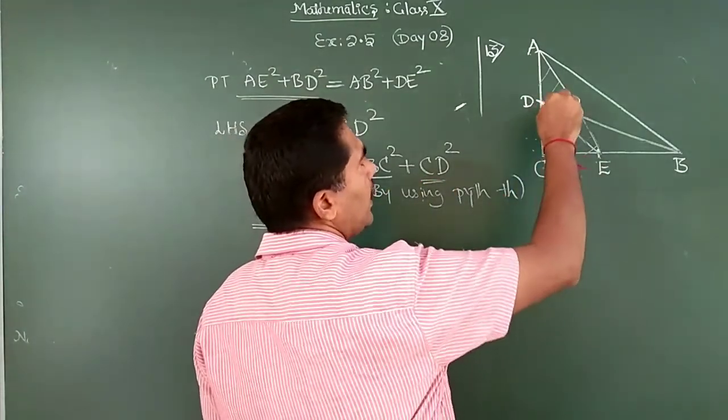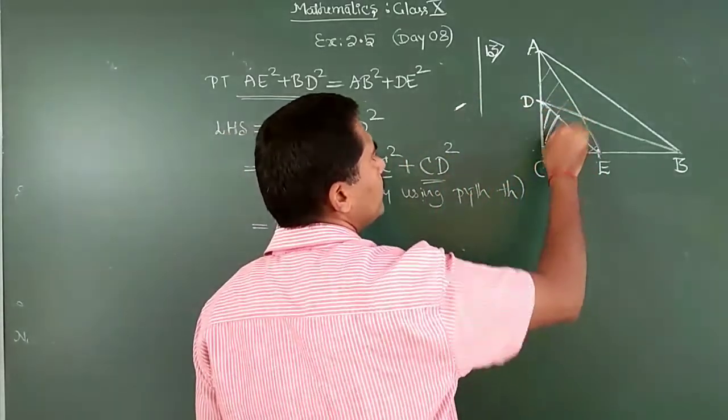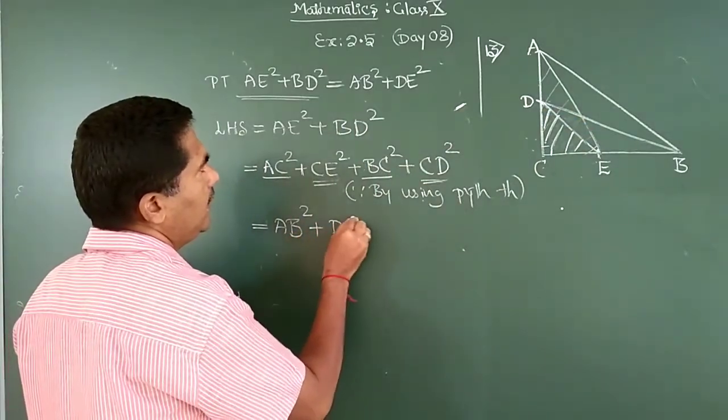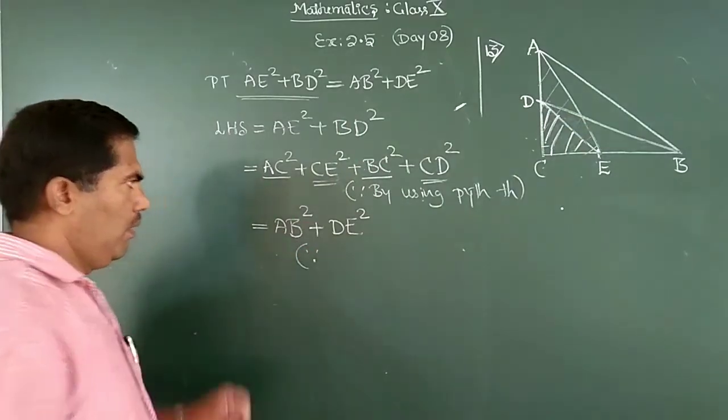CE square and CD square become DE square in the smaller triangle. So you can write it as DE square. What is the reason?